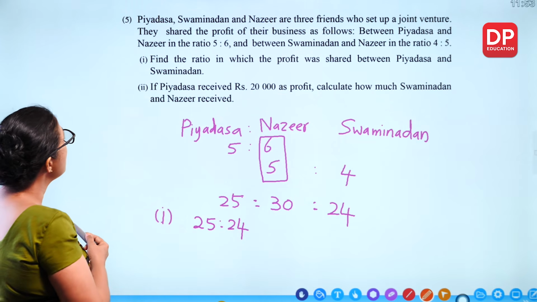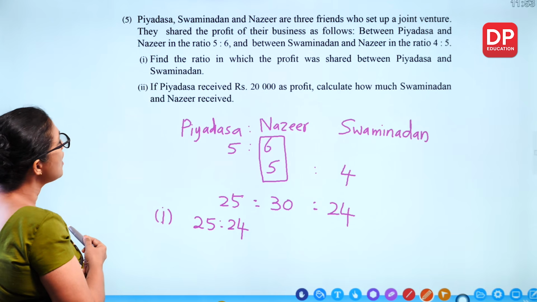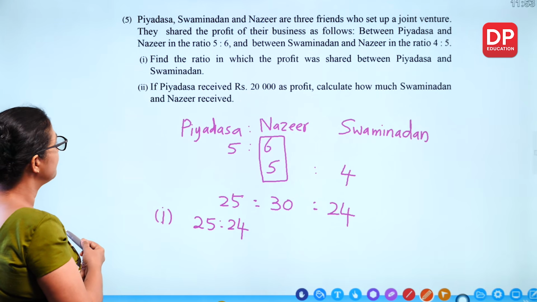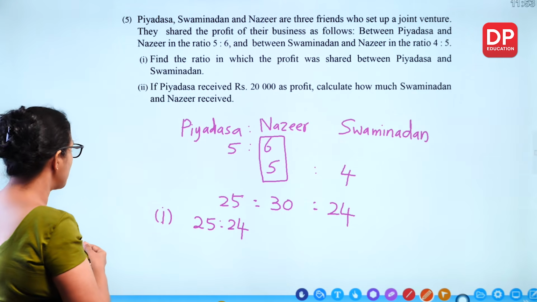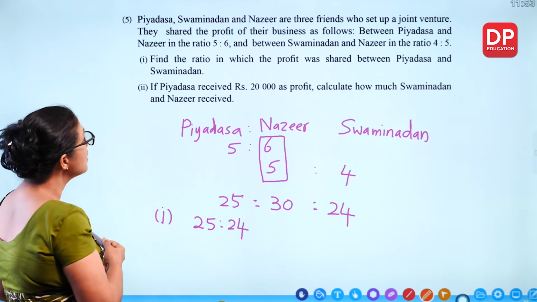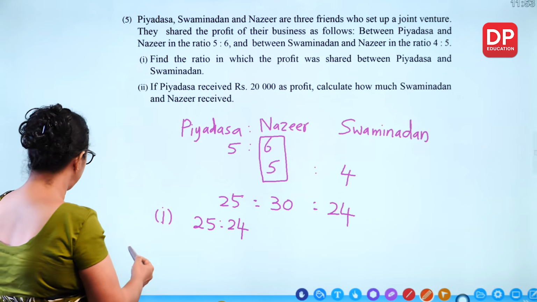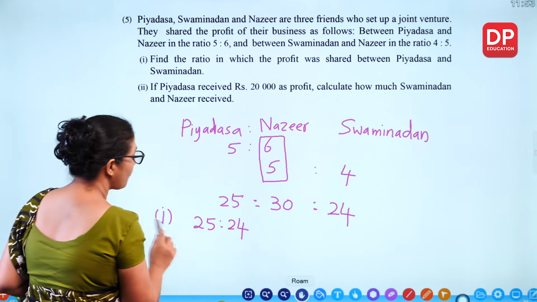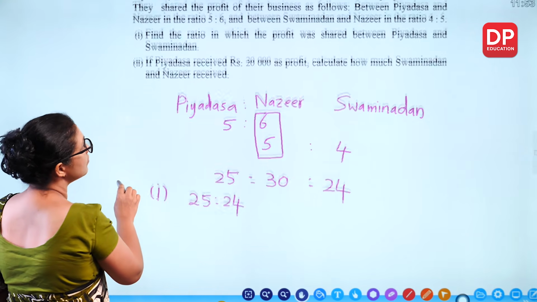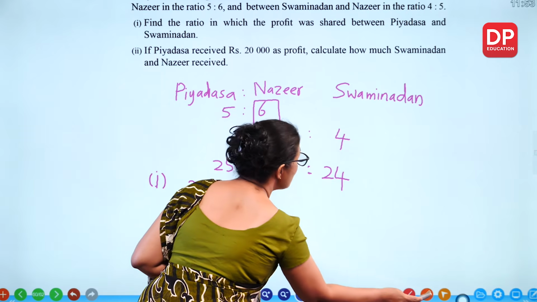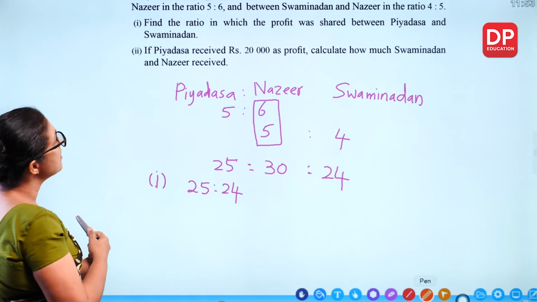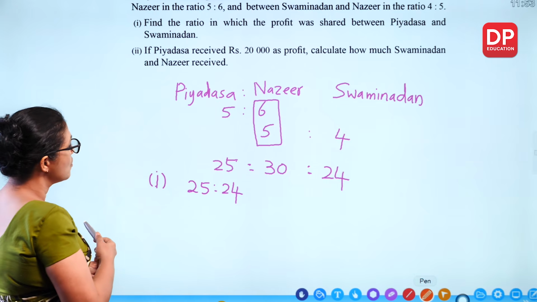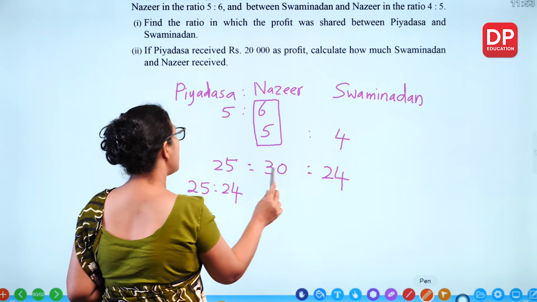Then if Piyadasa received 20,000 as profit, calculate how much Swaminathan and Nazir received. So you have to find out separately. The total profit was 20,000. So how many parts are there?